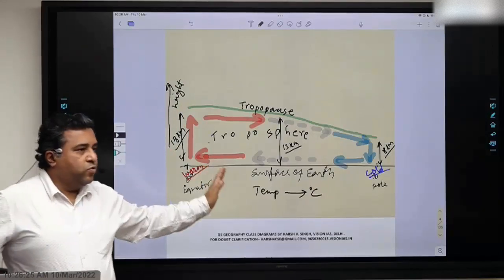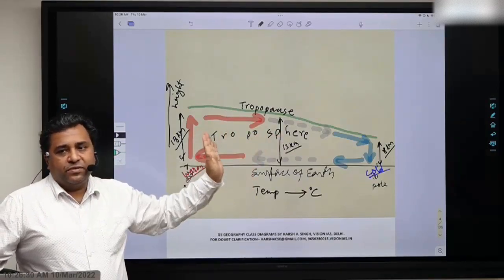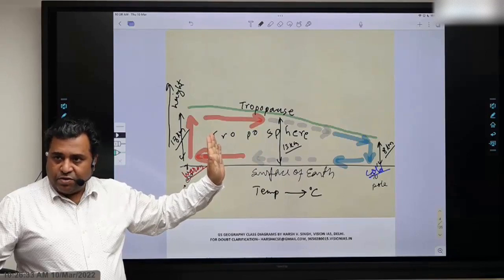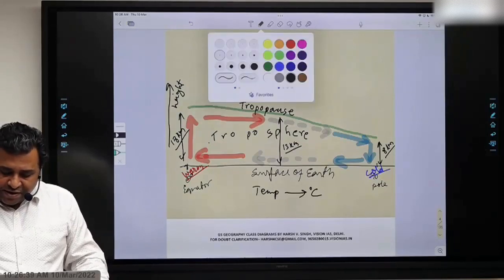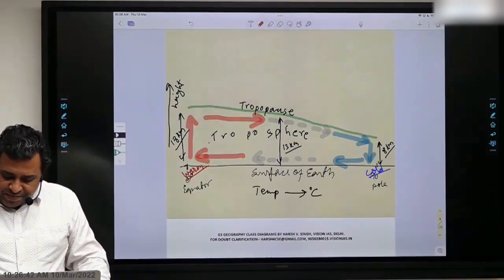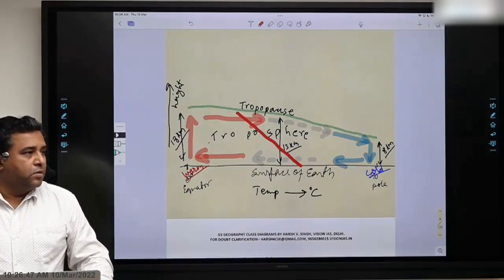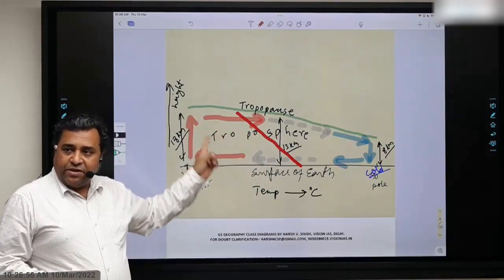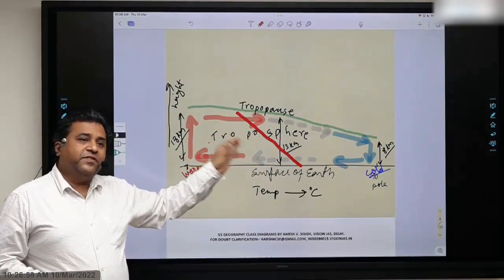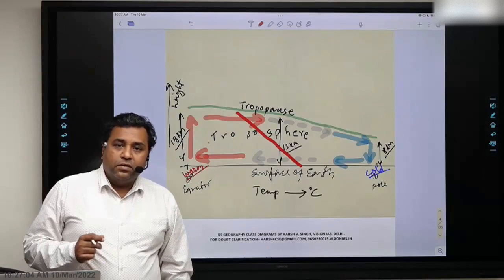If you go higher, temperature should increase or decrease? Decrease. So the temperature graph in this region should be something like this. Yes or no? Temperature decreases with height. So as you go higher, the temperature is decreasing. Is that okay? So this is how the temperature varies in the troposphere.